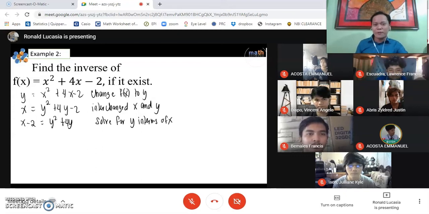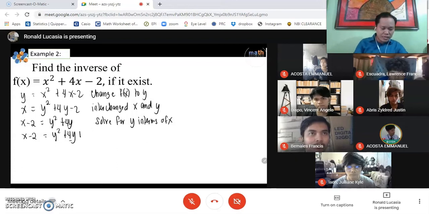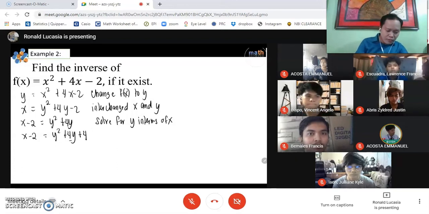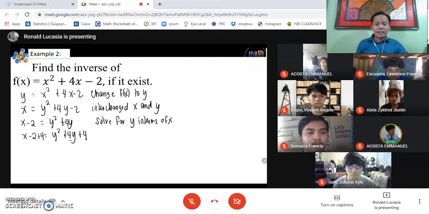As we all know, to make it a perfect square trinomial, you have to add one half of b, squared. Our b is 4, half of it is 2, squared, that will be 4. But to balance the equation, you have to add also here 4.